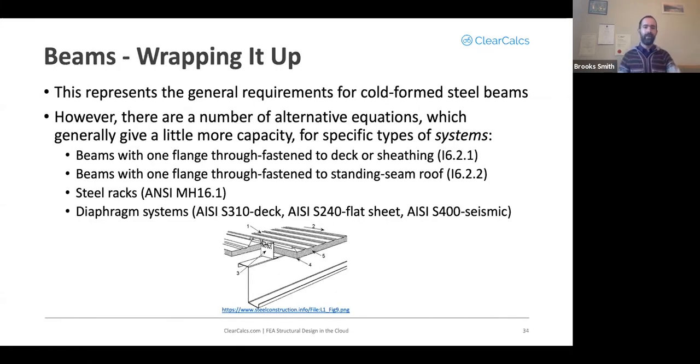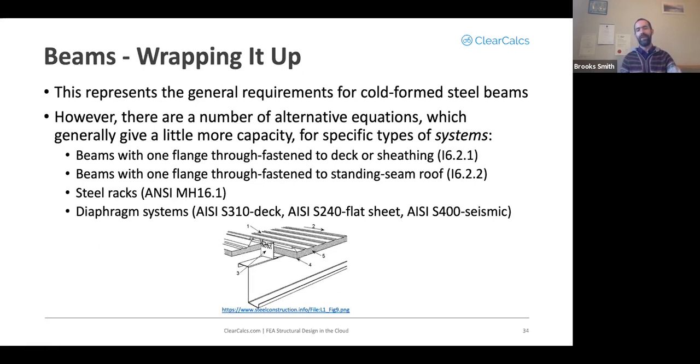So now wrapping it up on beams, this represents everything that I've talked about here, the general requirements for cold form steel beams. There are some alternative equations which can generally give you a little bit more capacity for very specific types of systems.